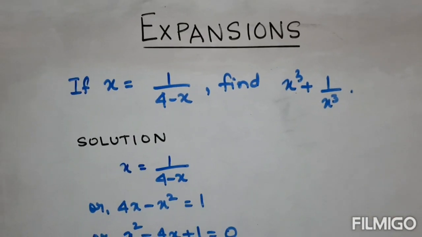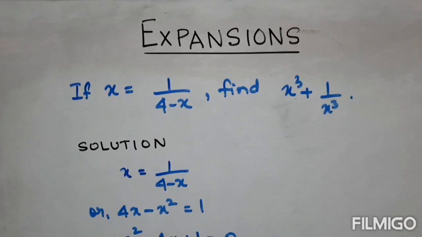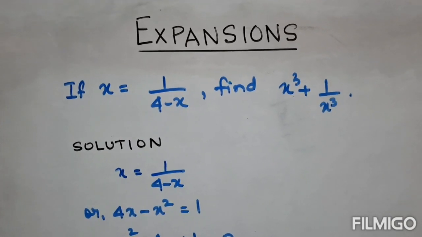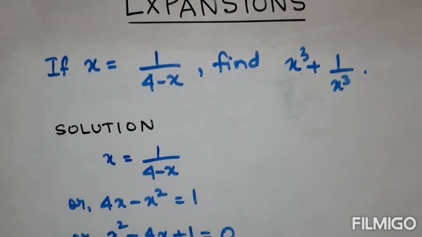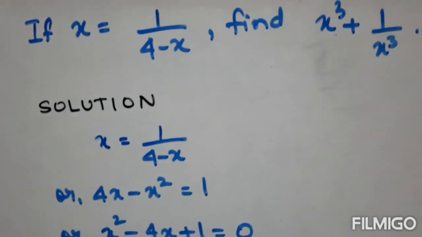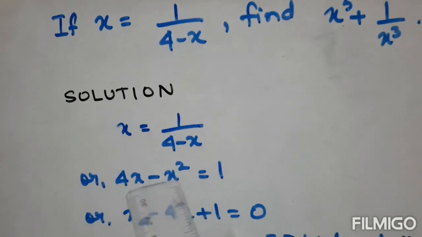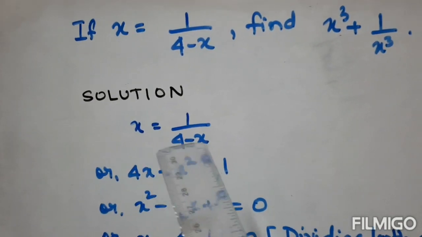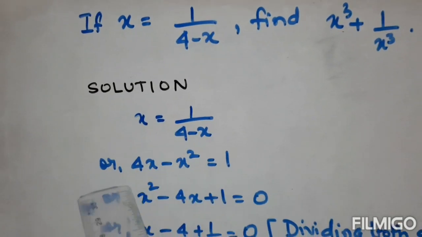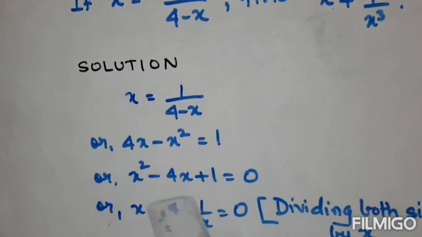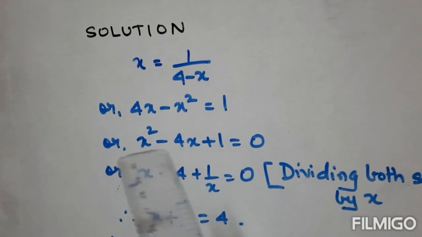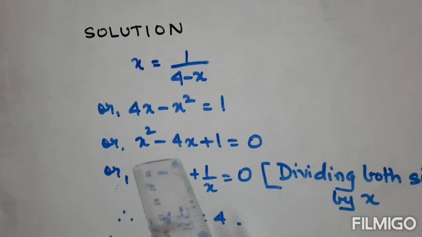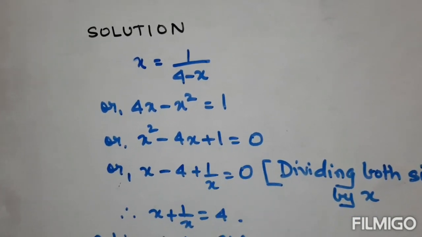If x equals 1 by (4 minus x), find x cube plus 1 by x cube. Here in the solution, the very first thing we are going to do is cross multiplication. x into (4 minus x) is equal to 4x minus x square. 1 we are going to bring this side, changing the sign, we get x square minus 4x plus 1 equals 0.